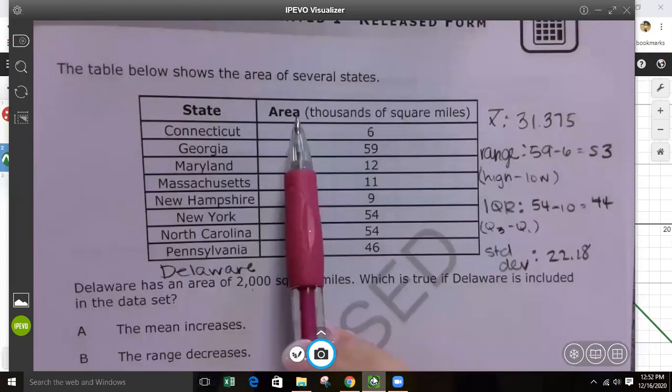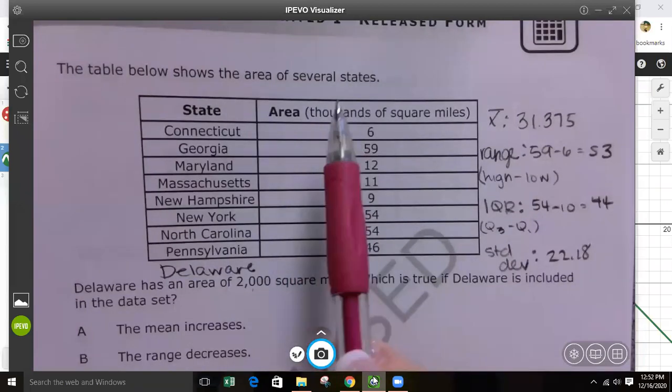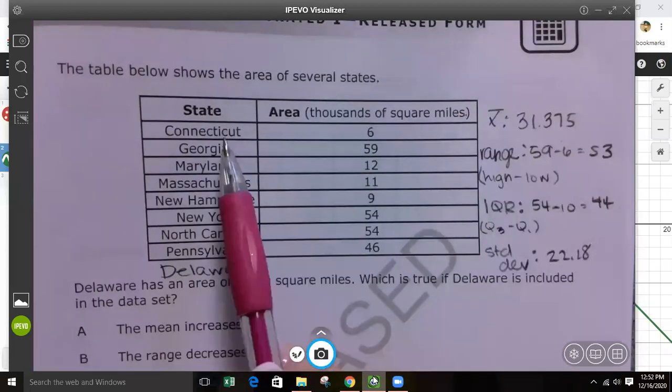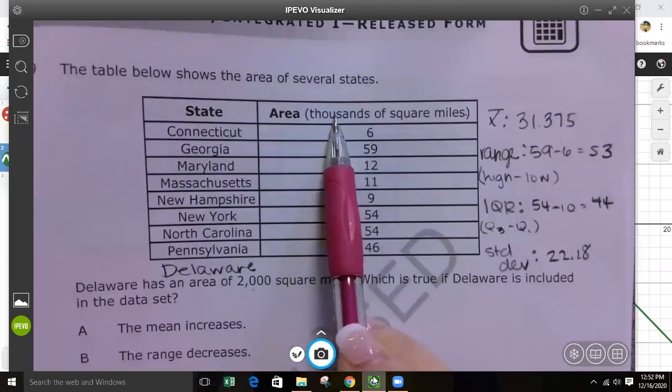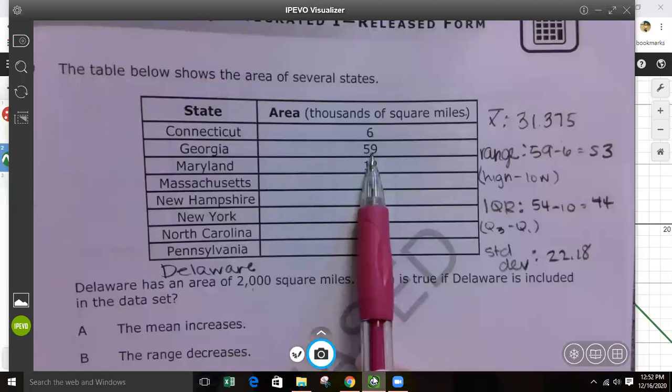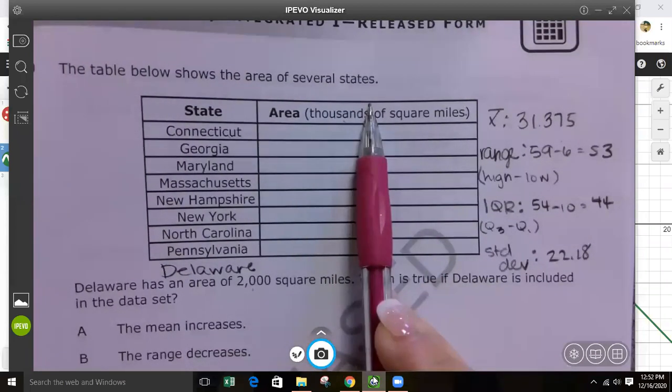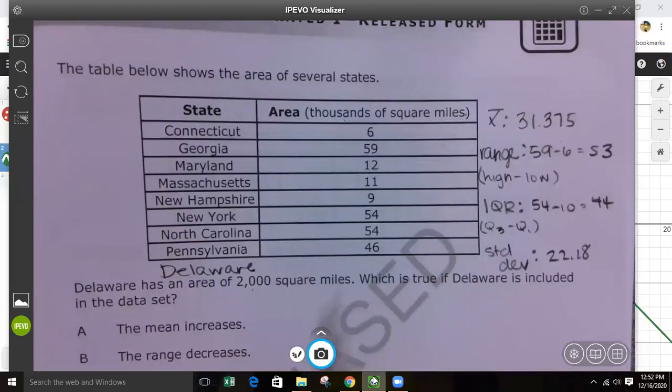So if we look, I'm not giving the answer. I'm trying to help you find the answer. This says area in thousands of square miles. So Connecticut would have 6,000. Georgia would have 59,000. Maryland would have 12,000. So what number do I put in for Delaware?